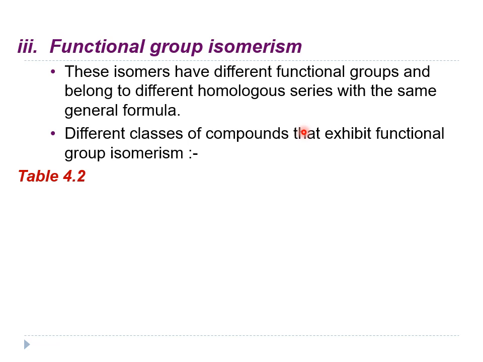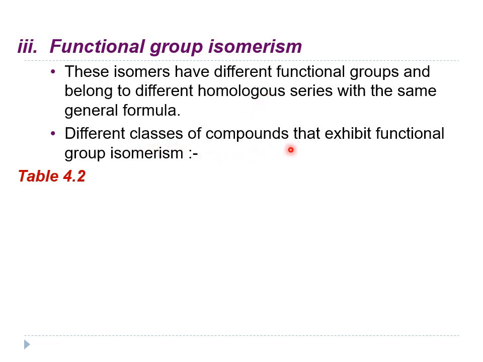The third structural isomerism is functional group isomerism. The isomers in this type of isomerism have different functional groups, and they belong to different homologous series having the same molecular formula.